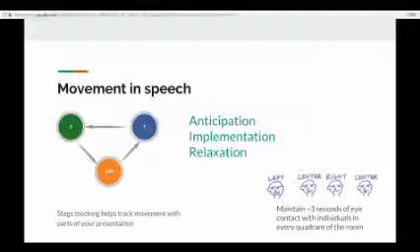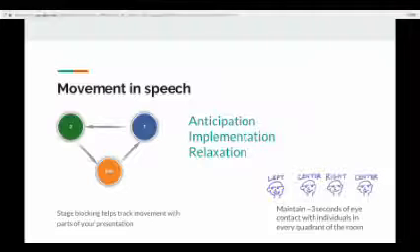When I move to point 2, I'm going to move to the right side of the stage, and I'm going to come back to the middle at my final point. That is also a memory practice that you can use, so that when you move to point 2 on the stage, you know that you should be moving to point 2 in your speech.